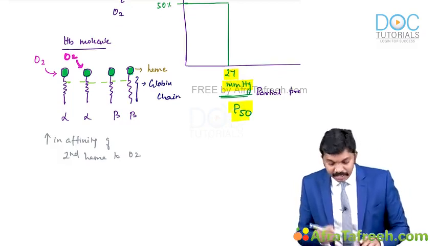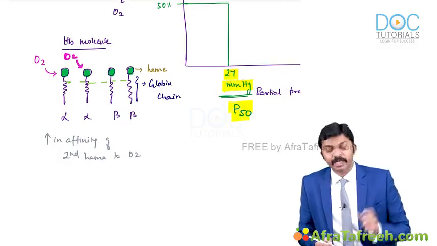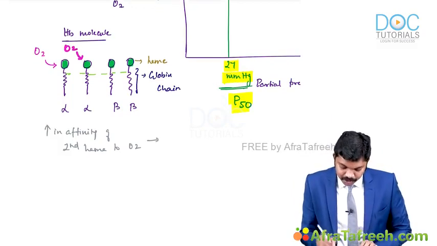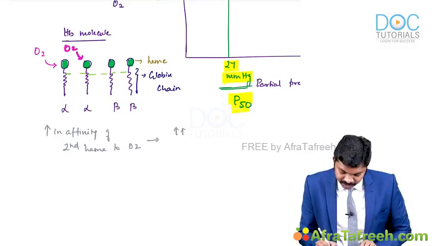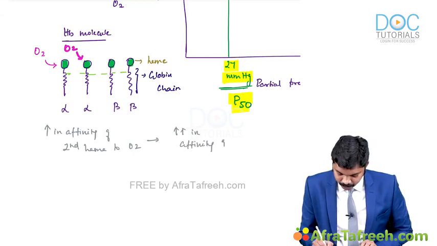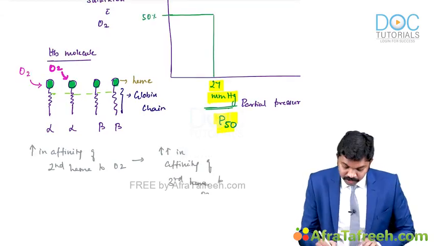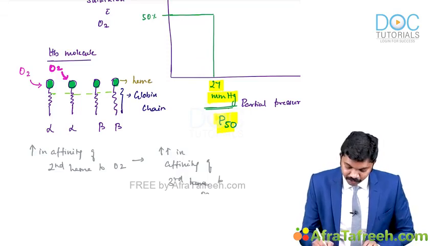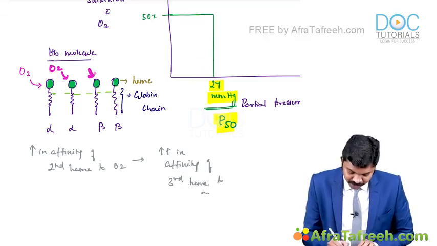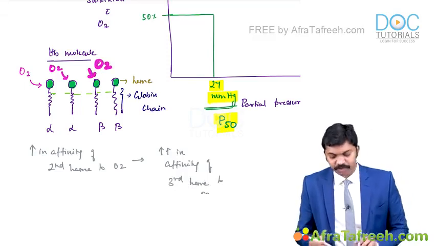Now, when the second heme moiety is combined with oxygen, this leads to a significant increase in affinity of the third heme to oxygen. This leads to a very vigorous binding of oxygen, doctors, in a huge fashion.